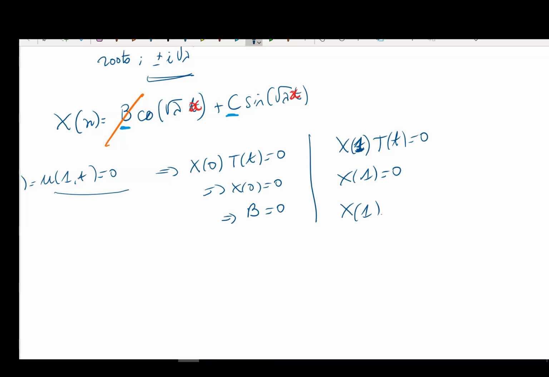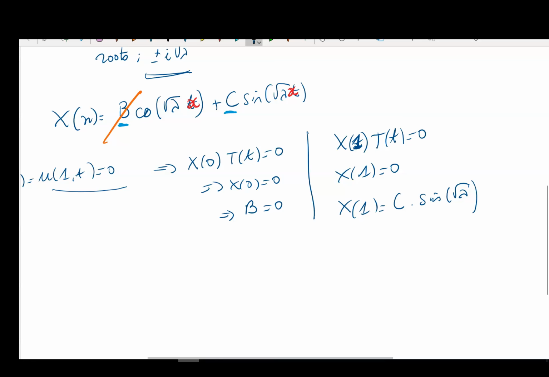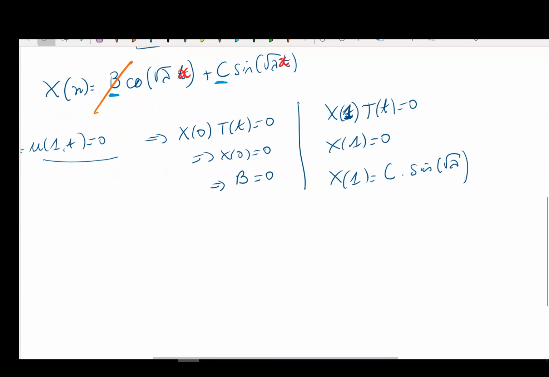X of 1 is equal to c times sine of square root of lambda times 1. The thing is that if I put c equal to 0, I will just have X of x equal completely to 0. I don't want the 0 solution because it might not coincide with the initial condition.